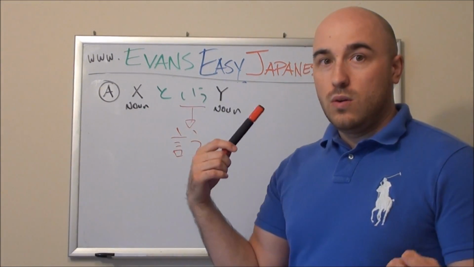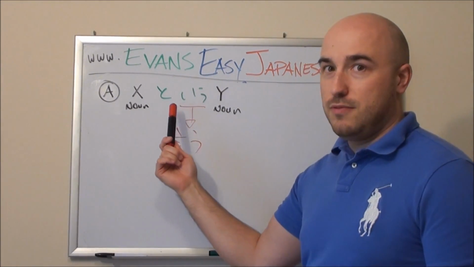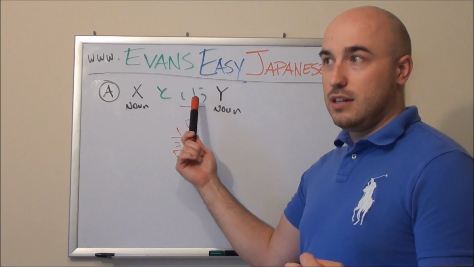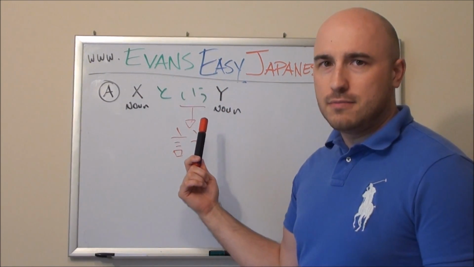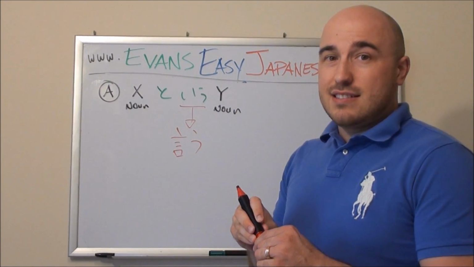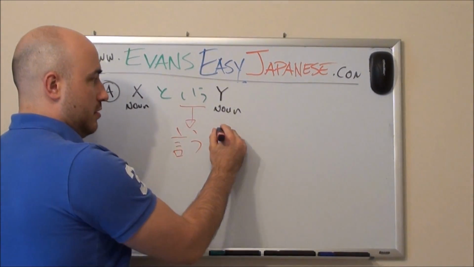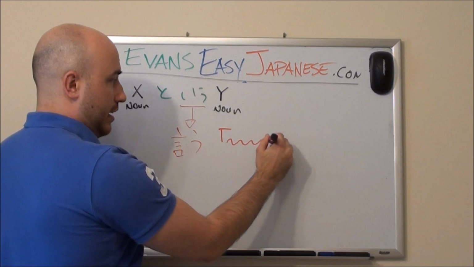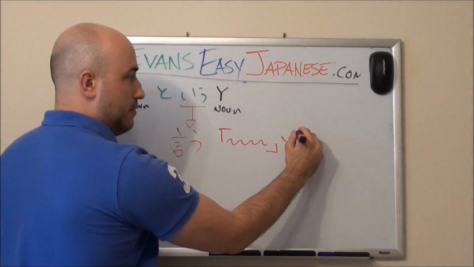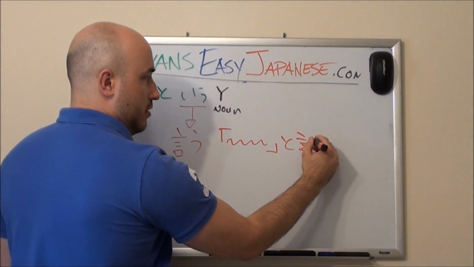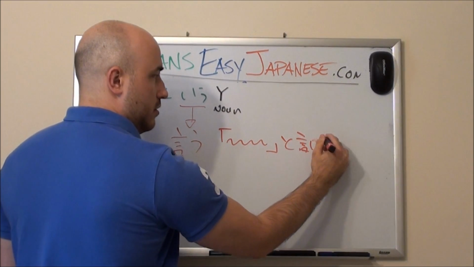And so it's a verb followed by a noun. This is almost nothing more than the grammar point. You're quoting somebody talking, then you follow with to iimasu, to iimashita.